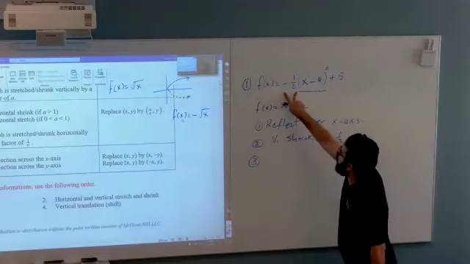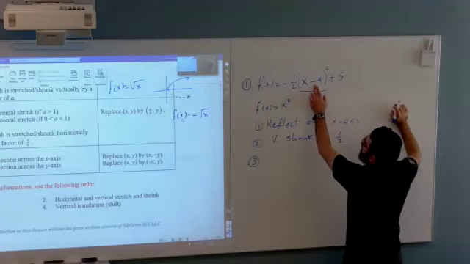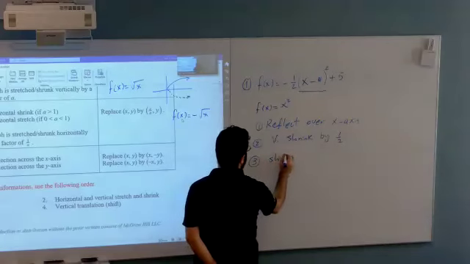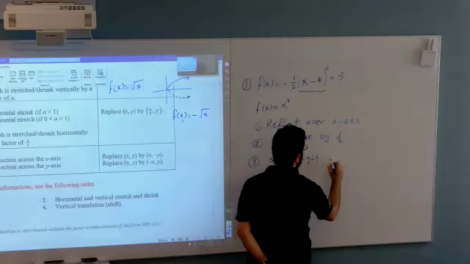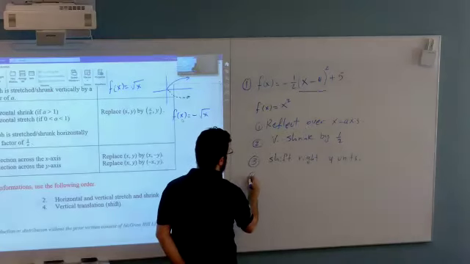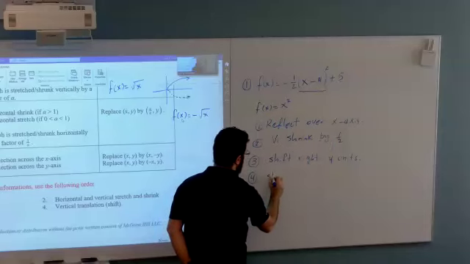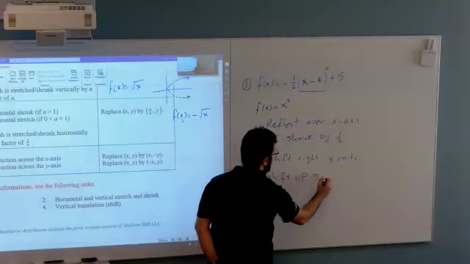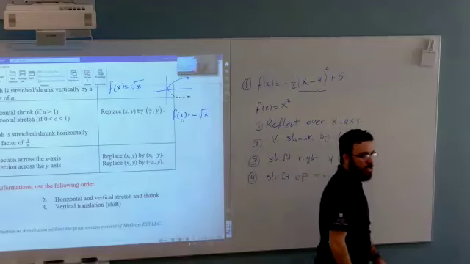Now inside there's minus 4, so it's going to shift to the right. How many units? 4 units. Now number 4, we're going to go outside. 5, shift up. How many units? Is that okay so far?